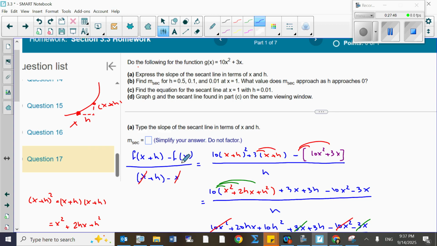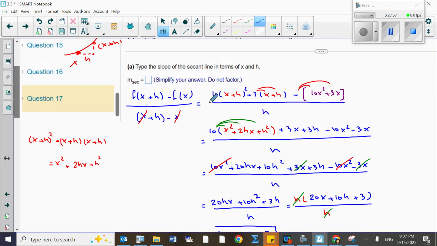And minus f of x, which is just the whole function. Now, after this point, we're just going to do some algebra. Basically, we're just going to distribute and simplify. X plus h squared, I just wrote that here. That means x plus h times itself. And you distribute and simplify, this is what you're going to get.